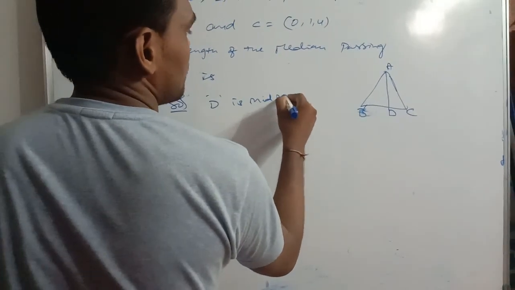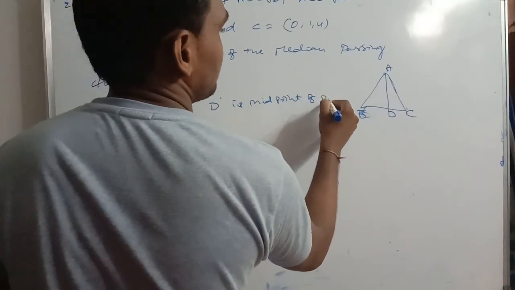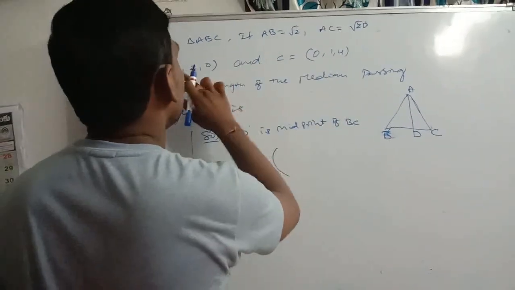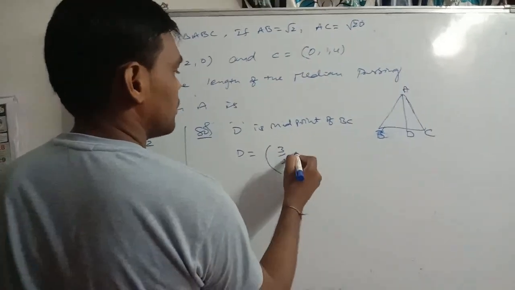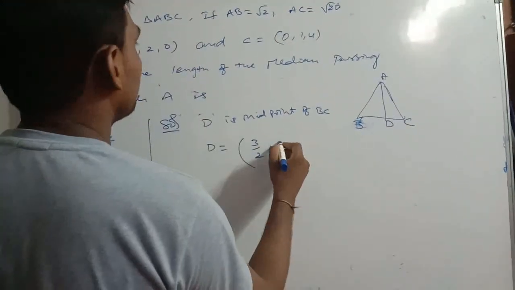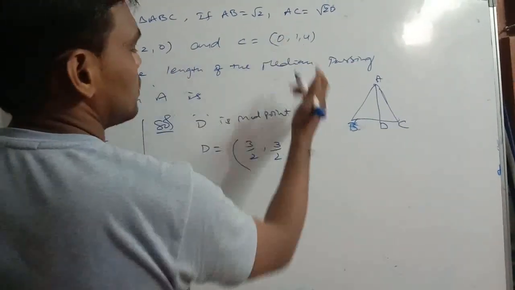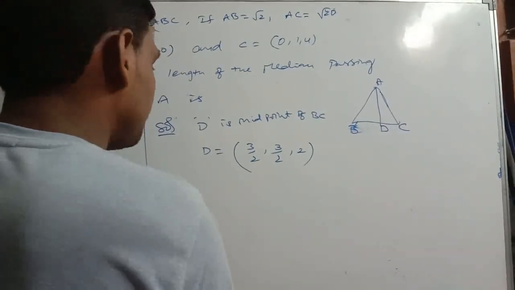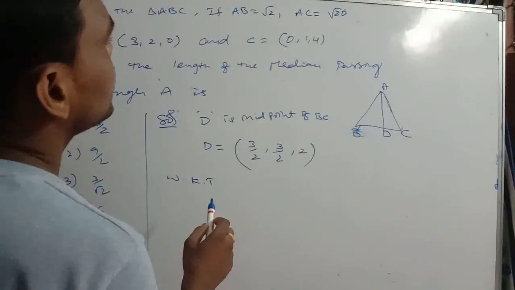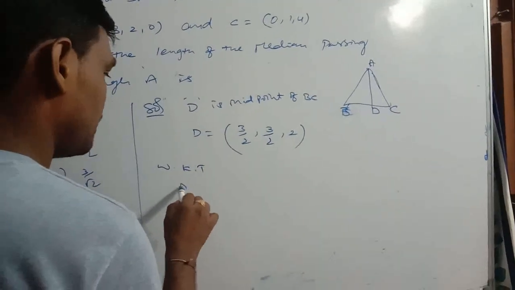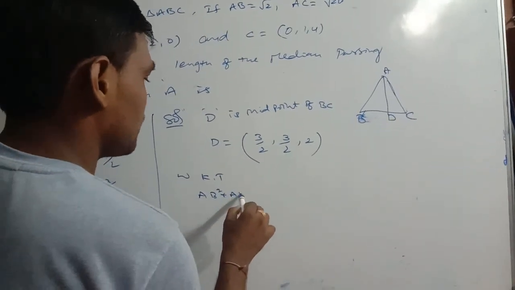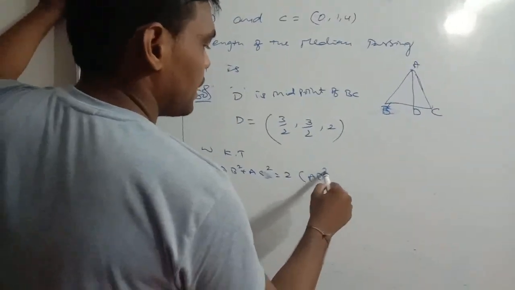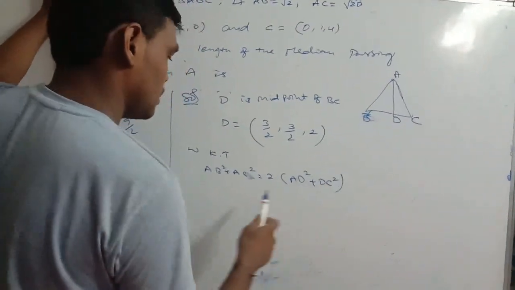D is equal to the midpoint of BC, this is (x1 plus x2) by 2, comma (y1 plus y2) by 2, comma (z1 plus z2) by 2. Okay. Now, and this is that AB square plus AC square is equal to 2 into (AD square plus DC square).